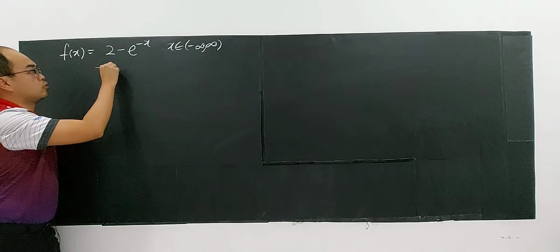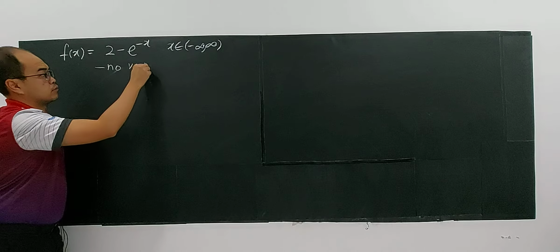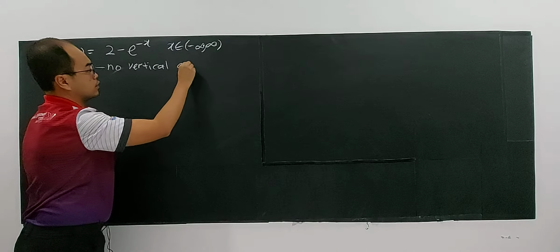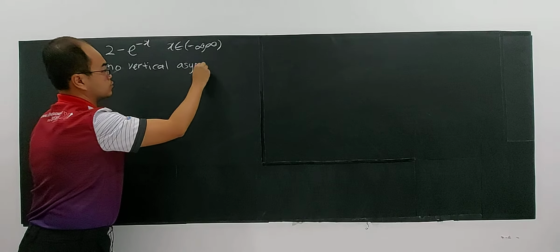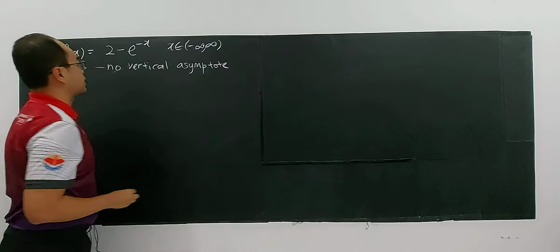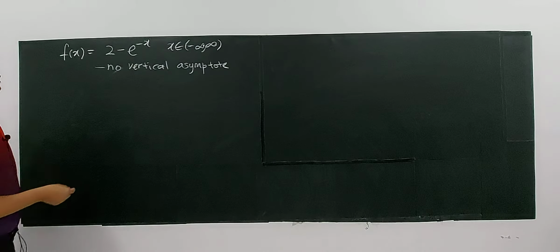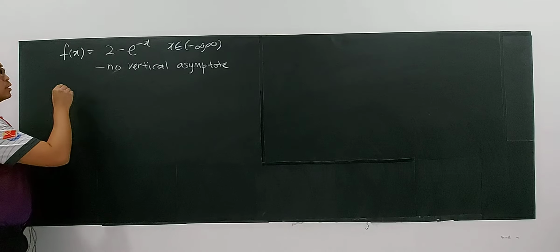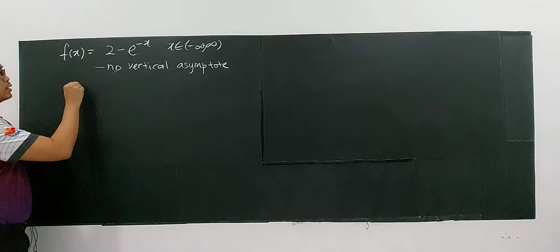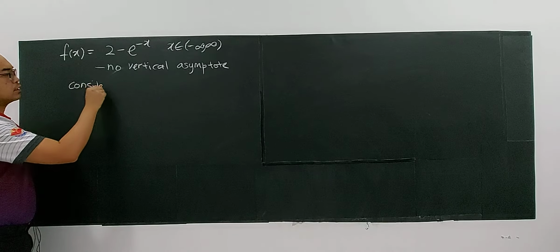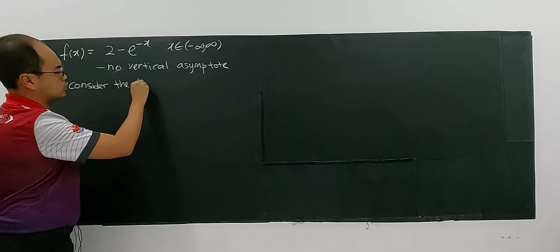So there are no vertical asymptotes here. For any exponential function, you have no vertical asymptote. But we have to consider the horizontal asymptote.